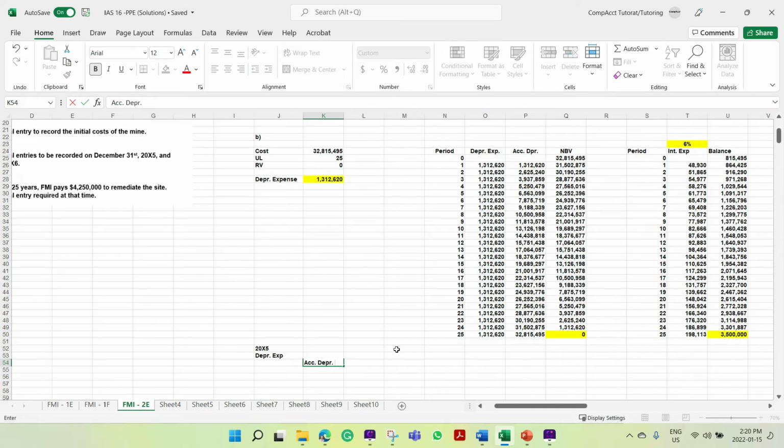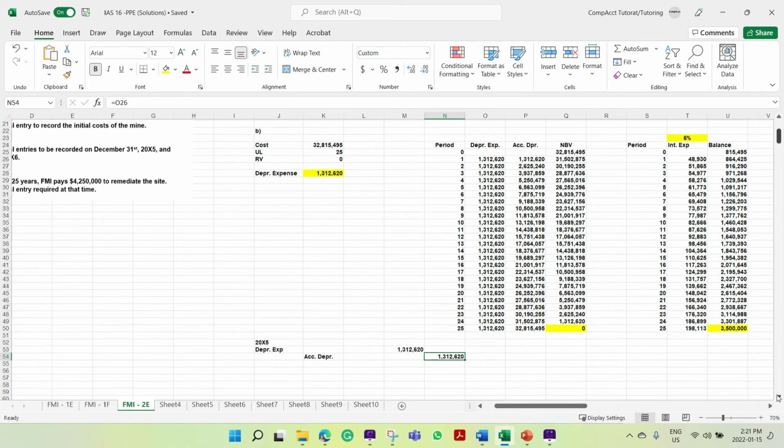Okay, and then these amounts here, I can just borrow them from my table. So for the first year, obviously it's going to be the same. Boom, perfect. So that's what goes for the first year.